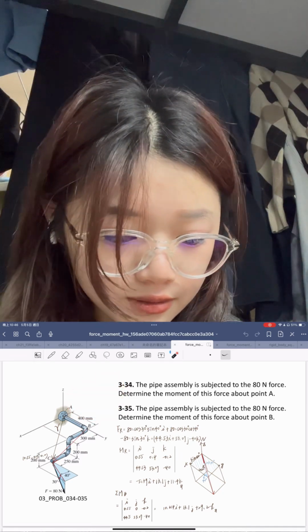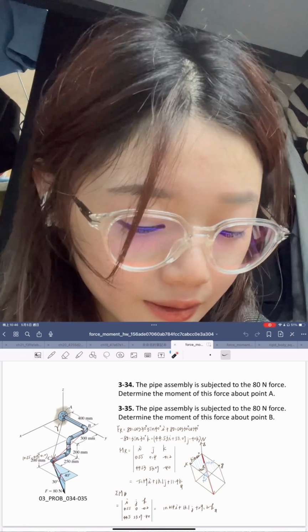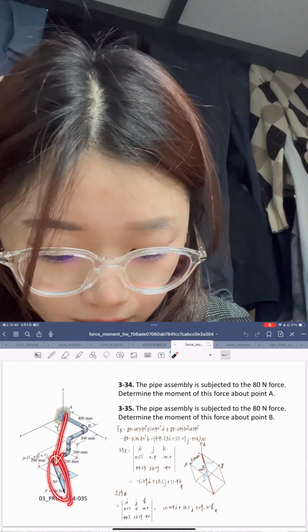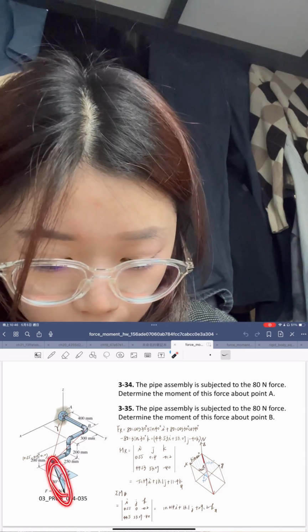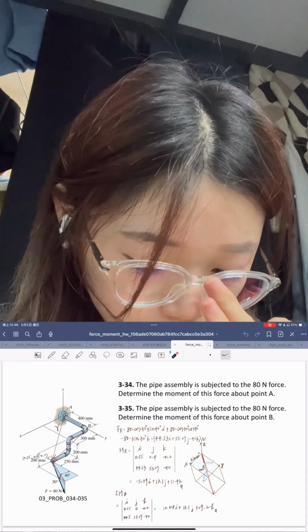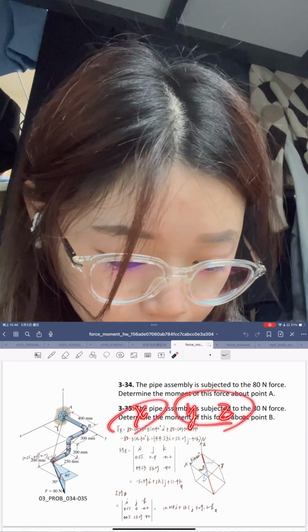We'll know the answers, and we just need to know the resultant force. Here, this is R cos A. We need to know the force 18, how to separate it for the XY, Z axis.